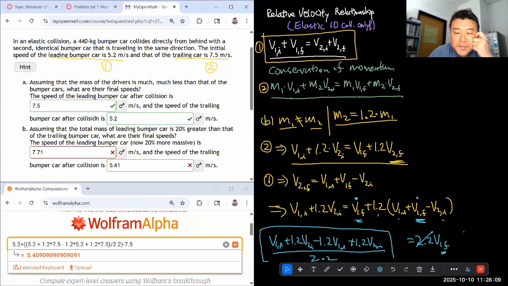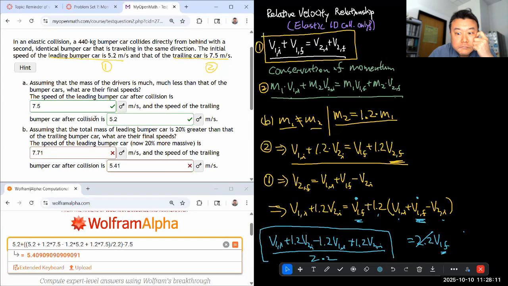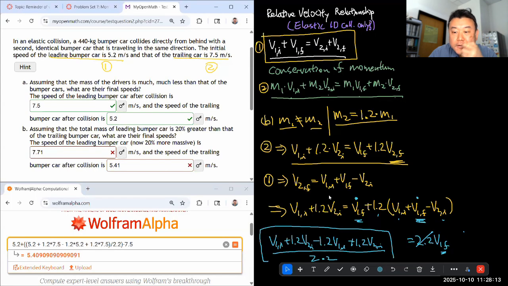Wait, what mistake did I make? And that is always a danger of going too fast. Oh, it's not M2. Leading bumper car is car 1.